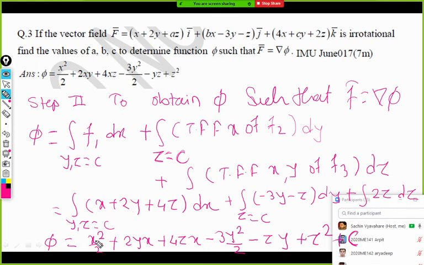Otherwise, it depends on examiner to examiner. He may deduct marks, may not. Sometimes you get the final answer, and by looking at the final answer, you get full marks. And some examiners don't look at any of these small things. But you should not write incorrect things, or I will say you should write mathematically correct things there.